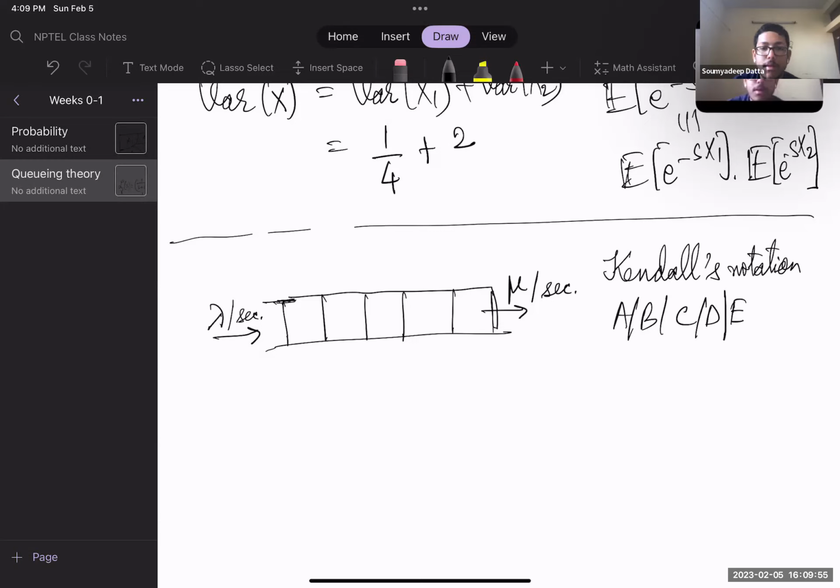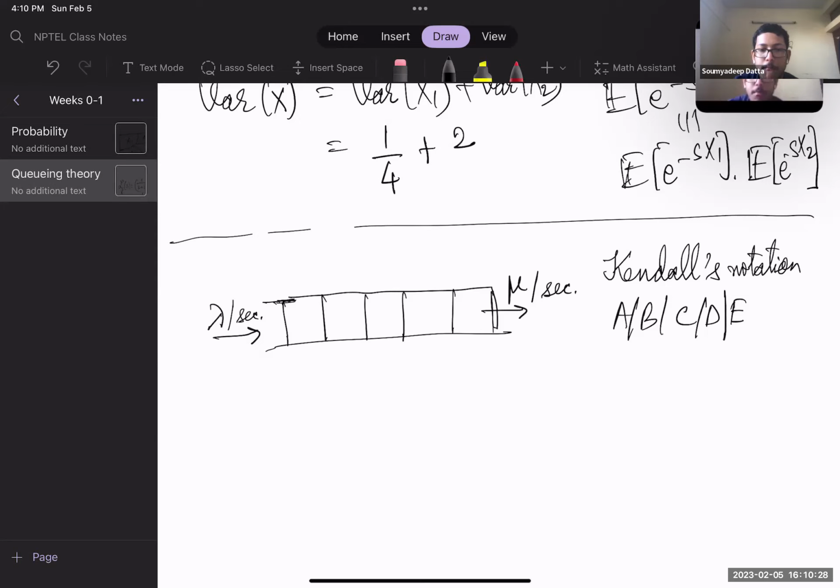Let's revisit. Okay. So Kendall's notation is A, B, C, D, E.